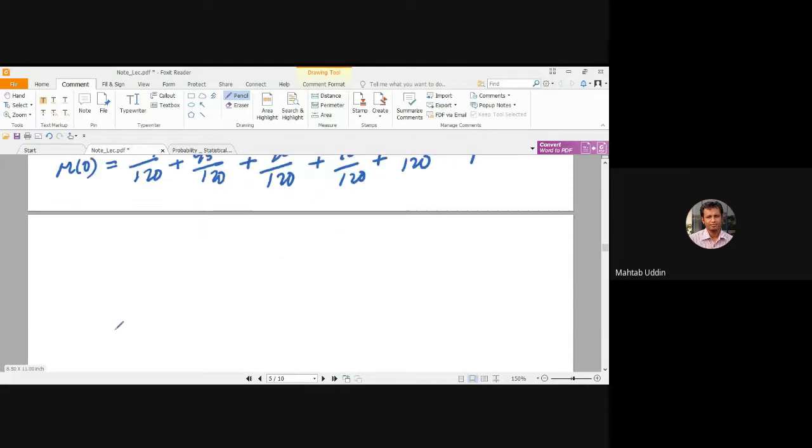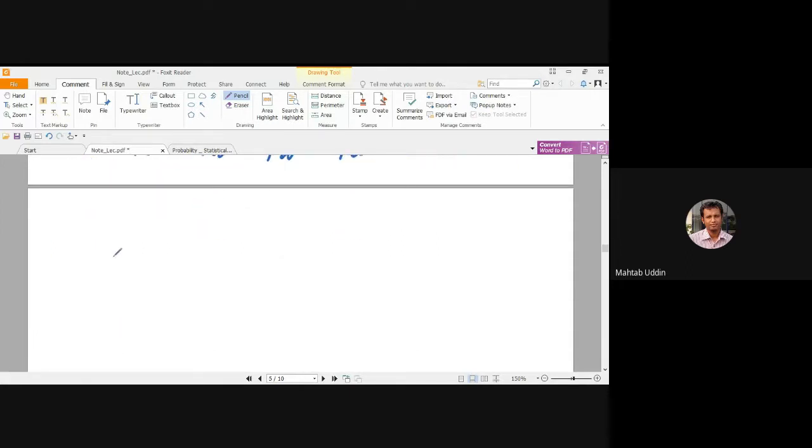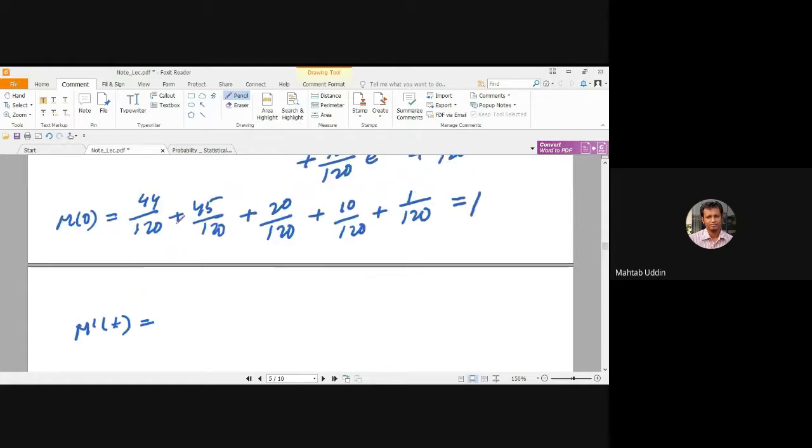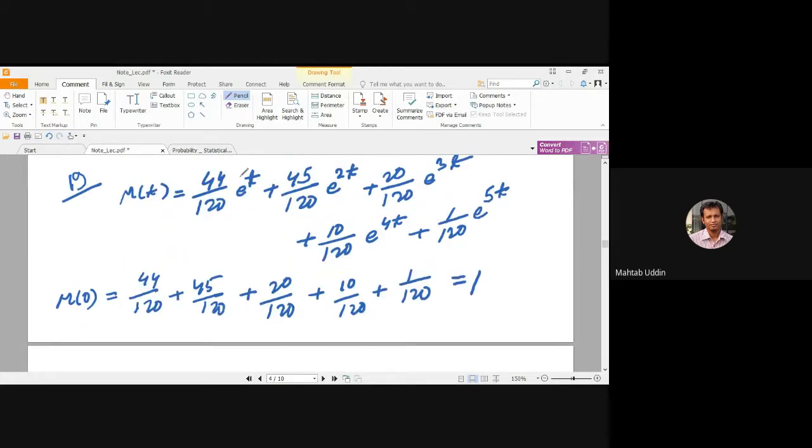Then we have to proceed to find the moment generating function M'(t). If you differentiate this, 2 will be multiplied here, 3 will be multiplied there, 4 and 5 as well.